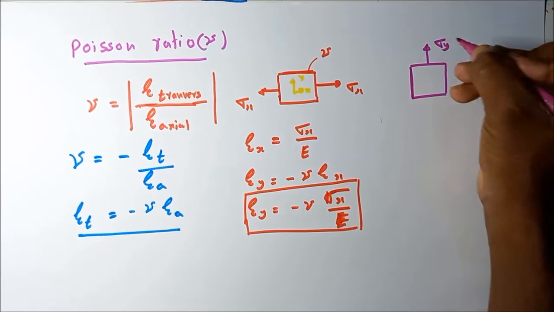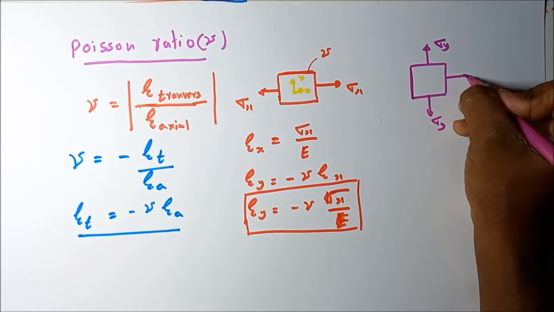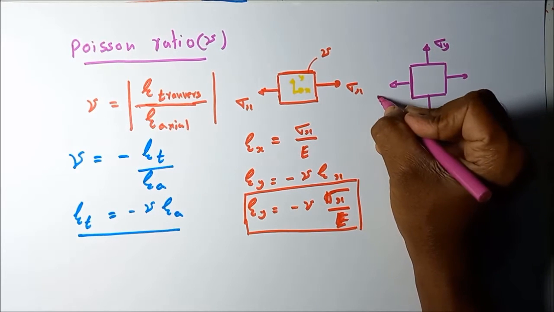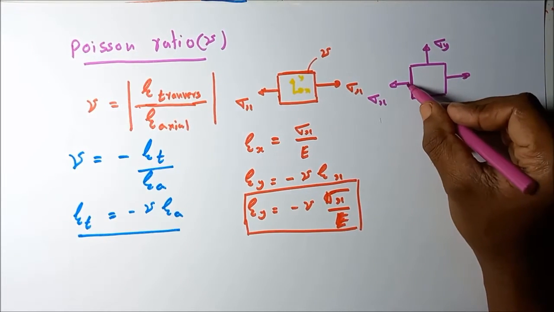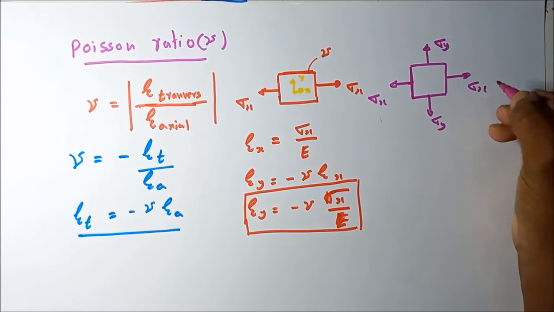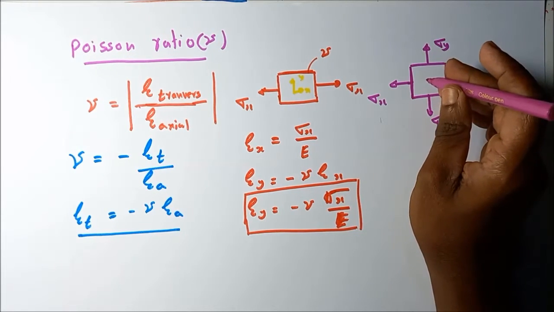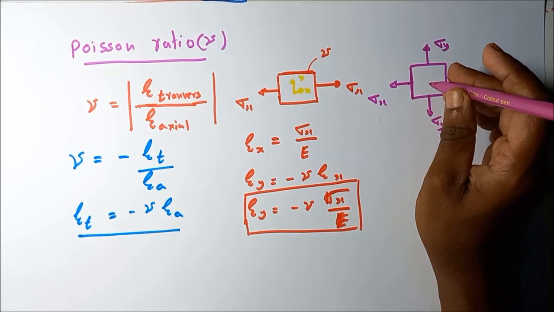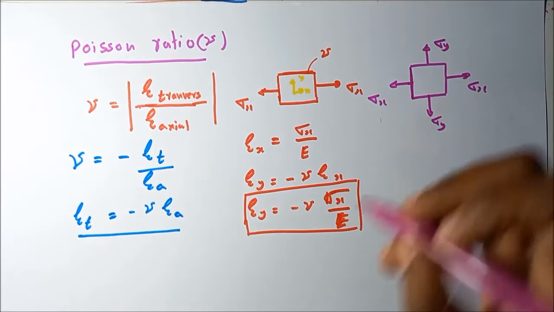This is sigma y stress, sigma y. This is how we mark the stresses acting on this certain element. We assume this is an infinitely small stress element, so these two stresses, sigma x and sigma x, are equal, and these two, sigma y, are also equal.